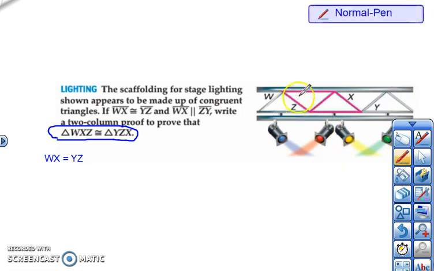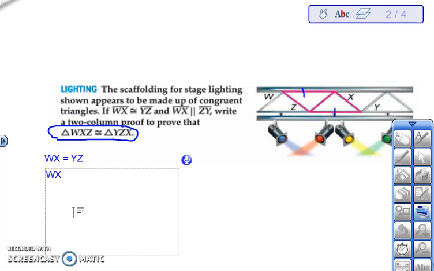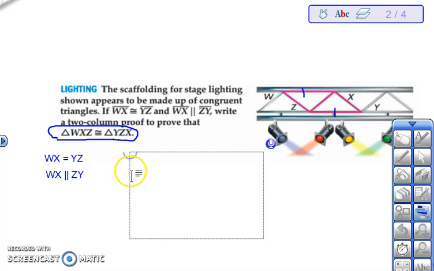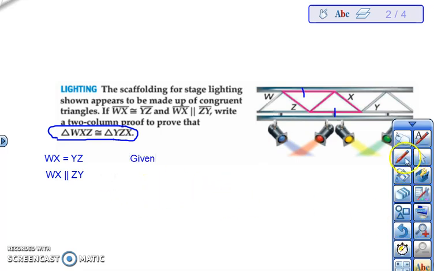If we look at our picture, WX is up here, YZ is down here, so it looks like we've got at least one pair of congruent sides. We are also given that WX is parallel to ZY. So that's not giving us anything congruent just yet, but we are moving closer to where we want to be.